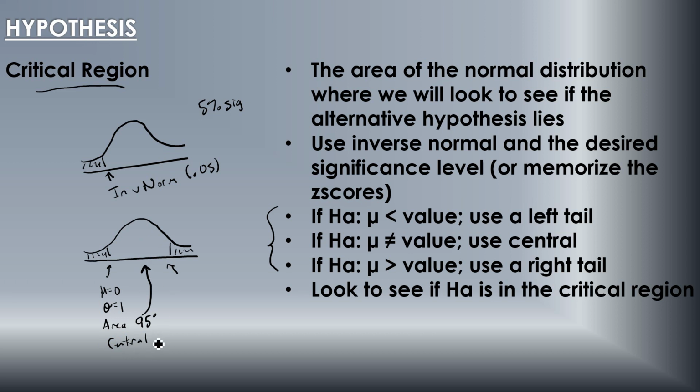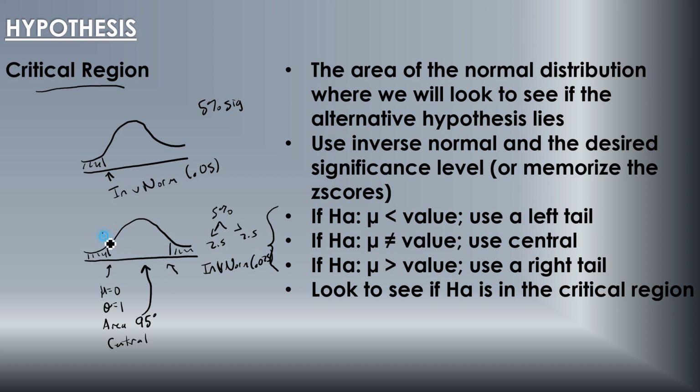It will give you the two z-scores right here. You could alternatively take that 5% significance and split it into two halves, 2.5% each, and inverse norm 0.025.